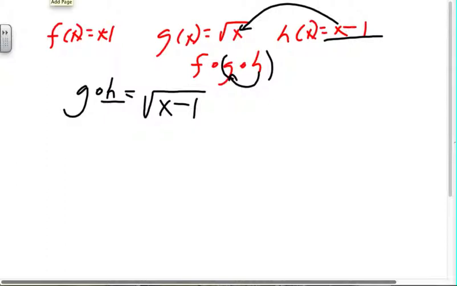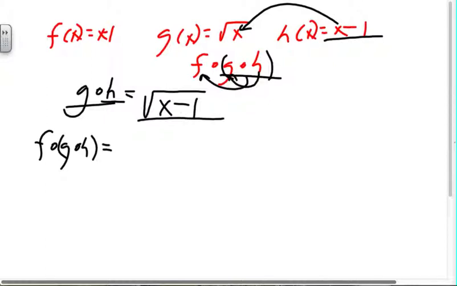So there's that one. Then I take this guy here, and I put it into f, wherever it has an x. So f composited with g of h is going to be equal to, so I take this. So I've got the square root of x minus 1. Put that in for that one, minus 1.